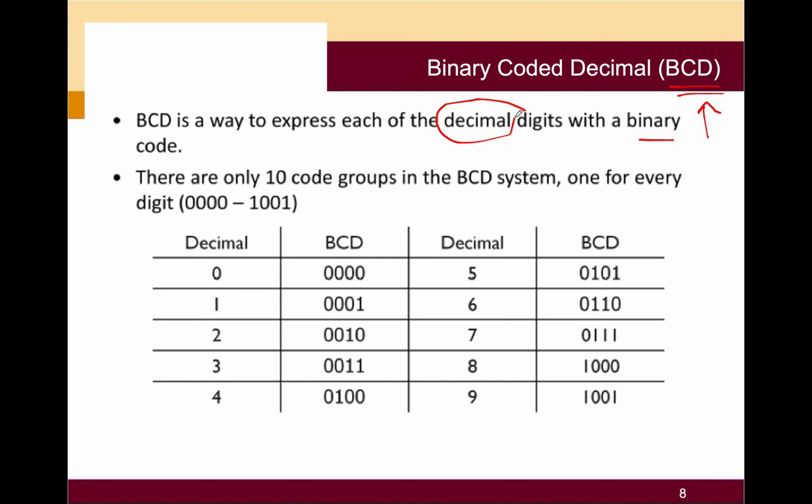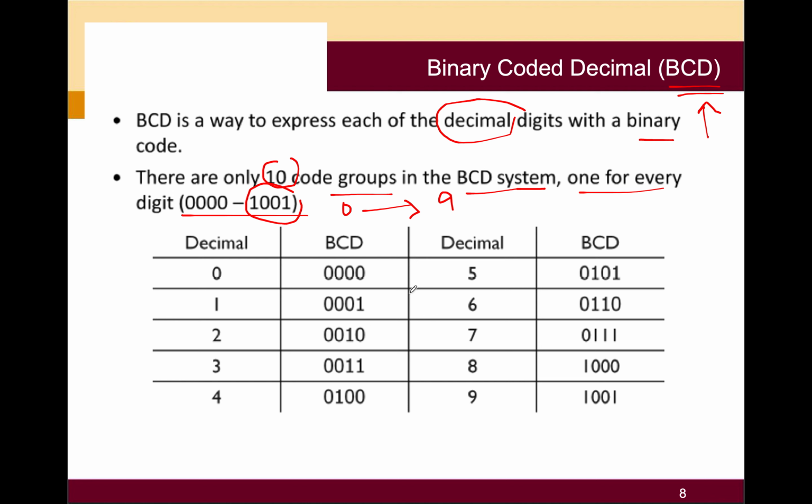There are only 10 code groups in the BCD system, one for every digit, which is from 0000 to 1001. Why? Because you only need 10, from 0 to 9, similar to the decimal digits available.